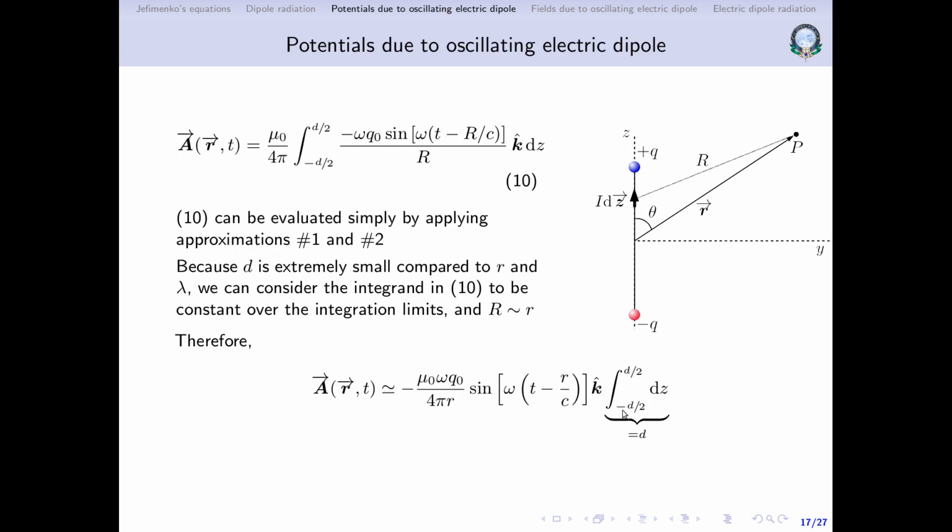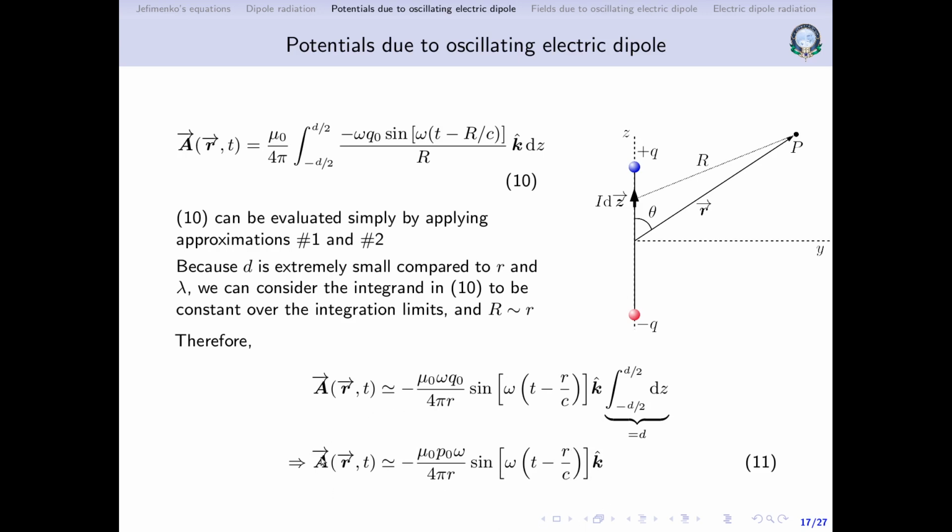All that is left behind is the integration of dz from −d/2 to +d/2, and this will simply be equal to small d. That small d multiplied with q0 gives us p0. So the vector potential is approximately equal to −μ0 p0 ω/(4π r) sin(ω(t − r/c)) k cap.